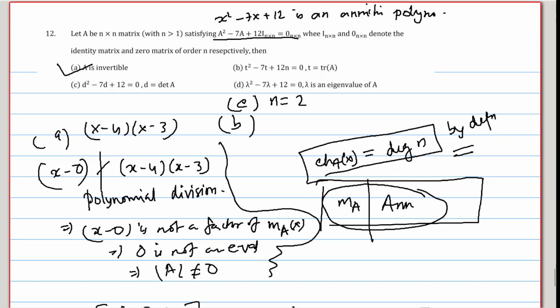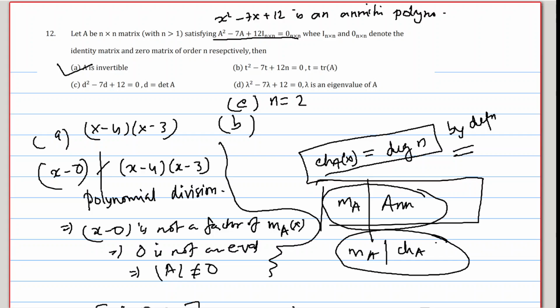But you are saying that the characteristic polynomial will always divide the annihilating polynomial, am I right? So now I changed it: the minimal polynomial will divide the annihilating polynomial, and the minimal polynomial will divide the characteristic polynomial. These are two different things. Thanks for that, that was confusing me.